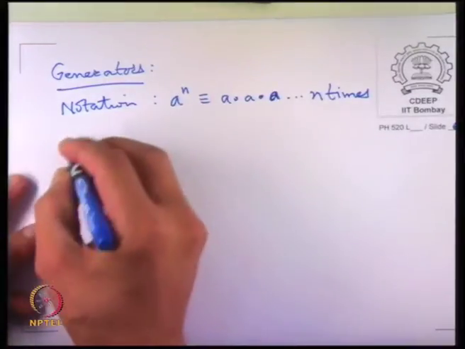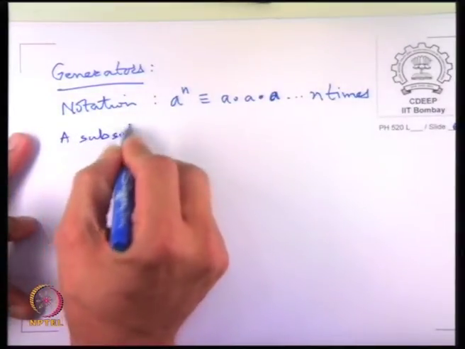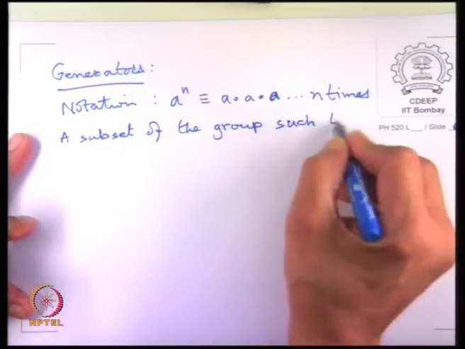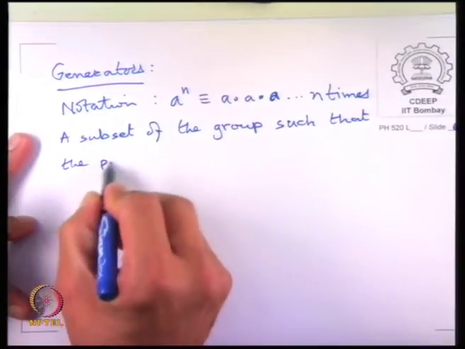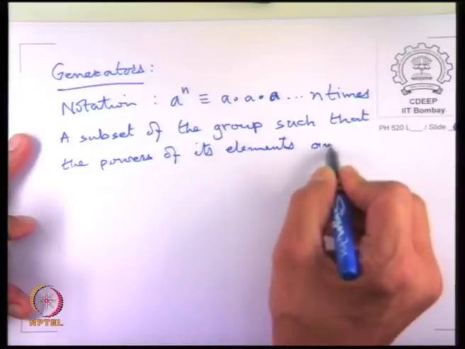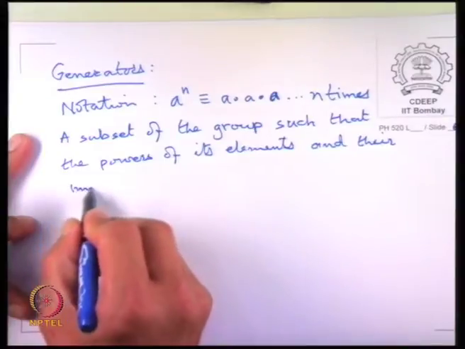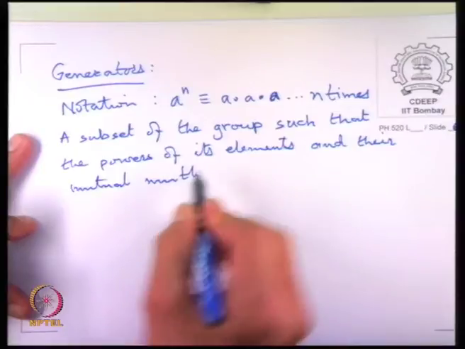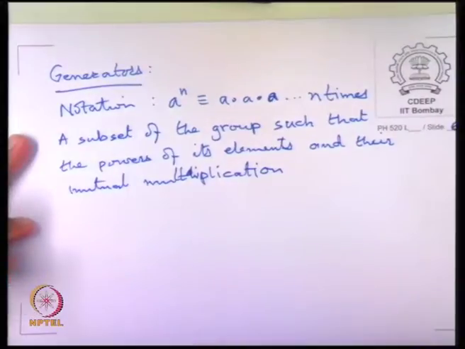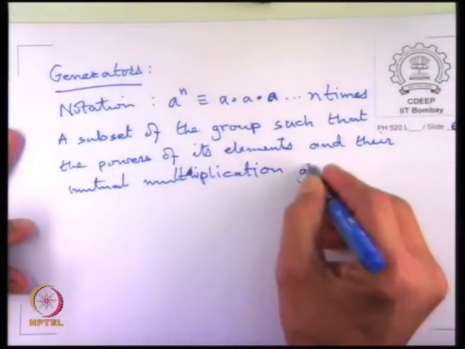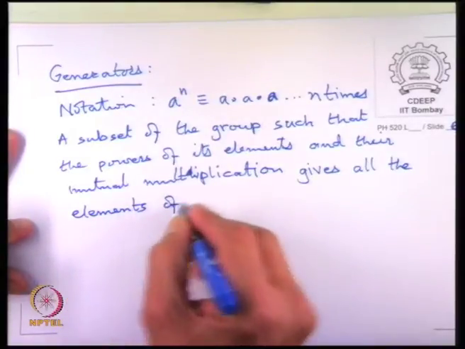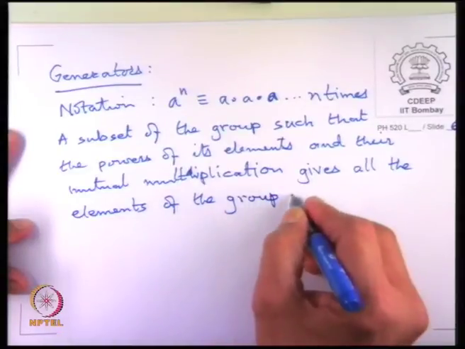So, if there is a subset of the group such that the powers of its elements and their mutual multiplication gives back all the elements of the group, it is called a set of generators.